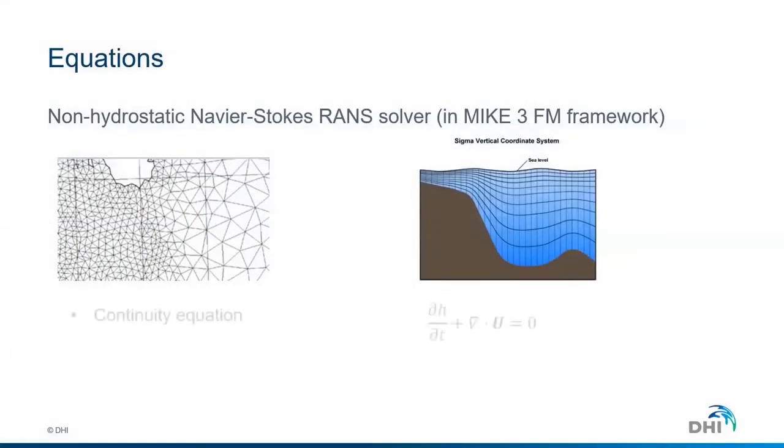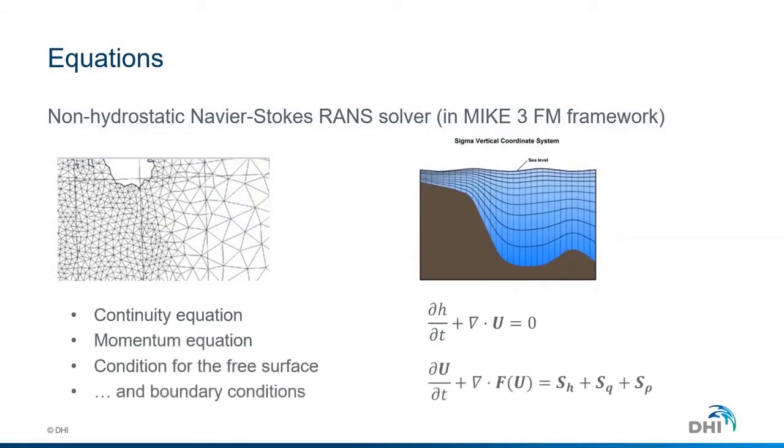Now let's go a bit further and dig into the equations. So what we are actually solving is the non-hydrostatic Reynolds-Averaged Navier-Stokes equations, consisting of continuity and momentum conservation in all three dimensions, where we have a description of the free surface with the sigma following a height function, meaning that we have a single valued description of the surface height.